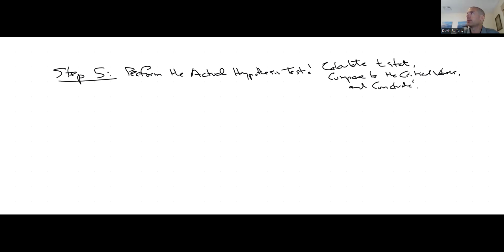Now, related to that, which we're going to do some examples of, is something known as a p-value. A p-value is some extra information that you can get from a hypothesis test. A p-value is almost step 5B, or if you want to think about it as step 6, you can.